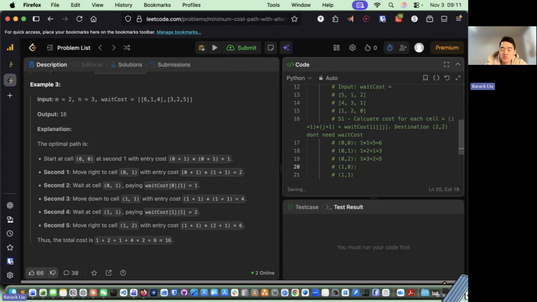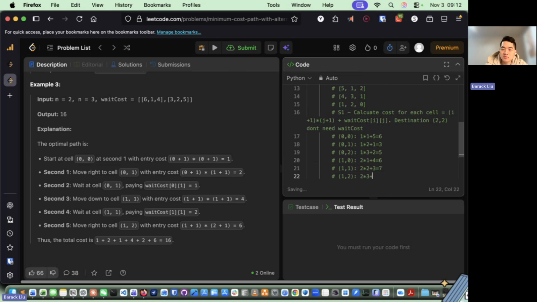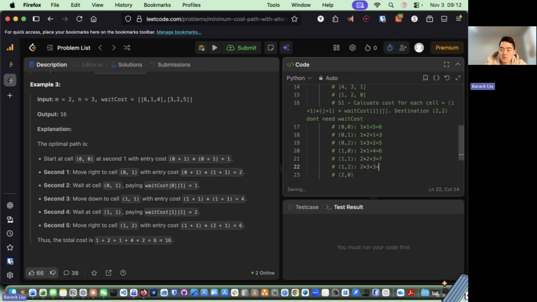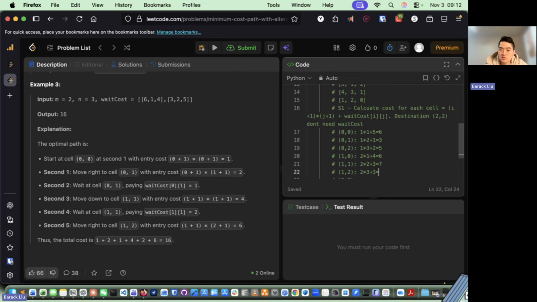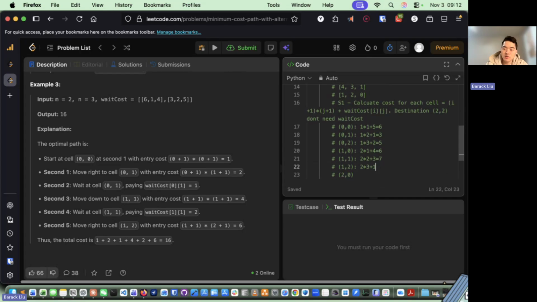Then this will be 2 multiply 1 plus 4, 6. This one will be 2 multiply 2 plus 3 will be 7. Will be 2 multiply 3 plus 3 is equal to, wait, oh yeah, plus 1 is equal to 7.